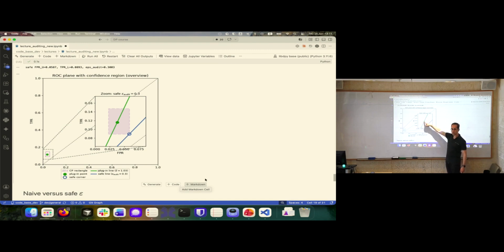But we know that both its x value and its y value are noisy estimates of the true false positive and true positive rates. The x-axis is the false positive rate. The y-axis is the true positive rate.